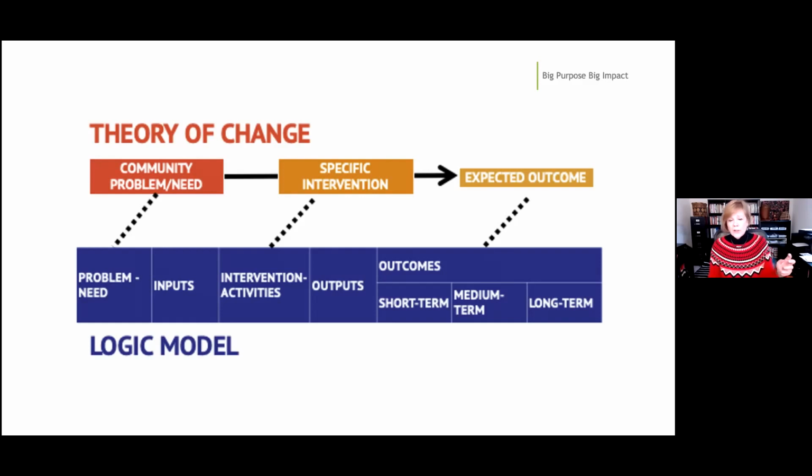And for those of you that are doing evaluation plans, and we're going to talk about that in the next section, the theory of change needs to sound the same there too. So there's really 4 places you're talking about the problem, what you're doing about it, and what you hope is going to change because of your AmeriCorps member service.